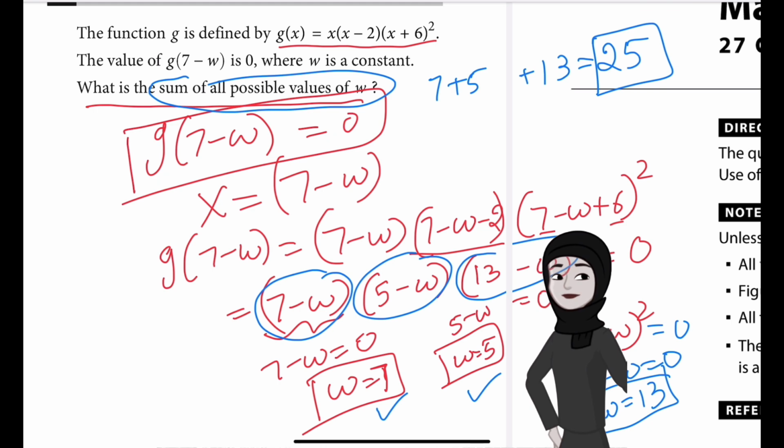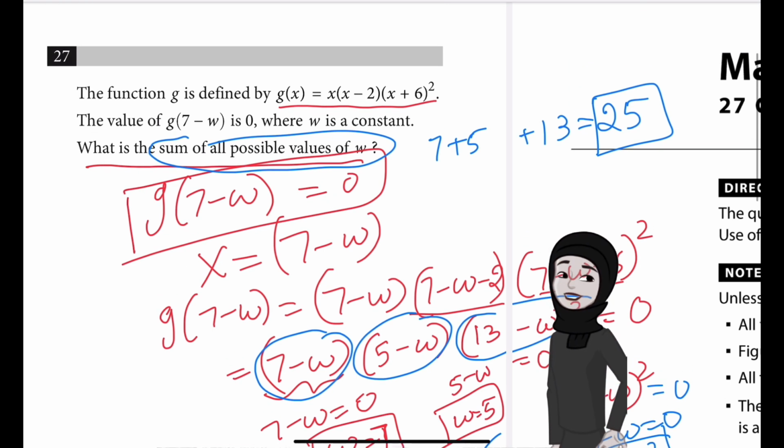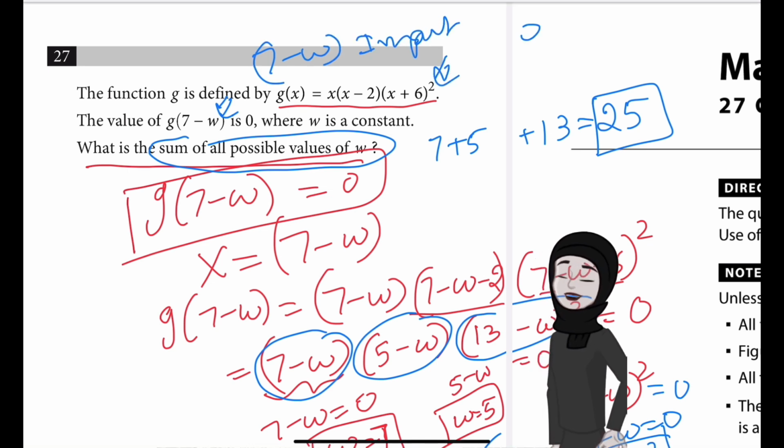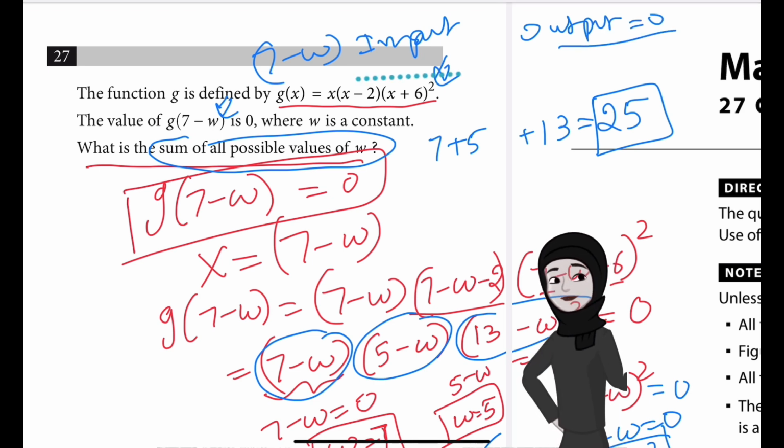So this is not that difficult. It is all about knowing what is the input and output of a function. Over here, 7 minus w is the input of the function, whatever is given. And the output is 0. Since the output is 0, later we also applied the zero product property.